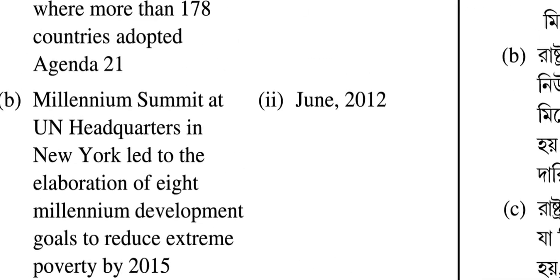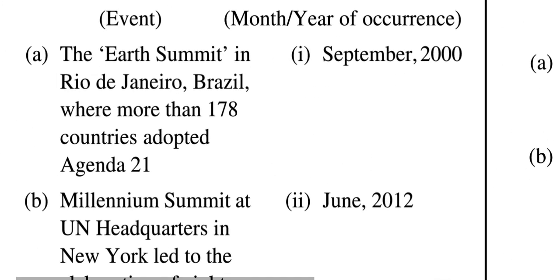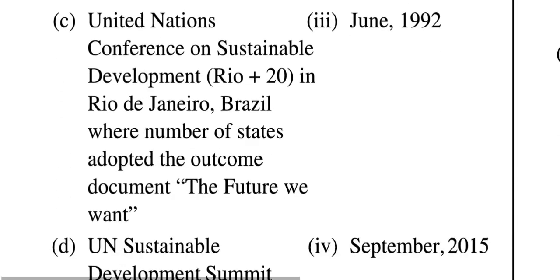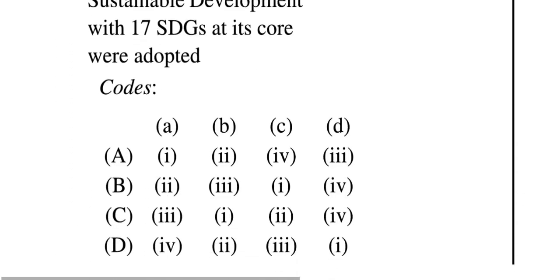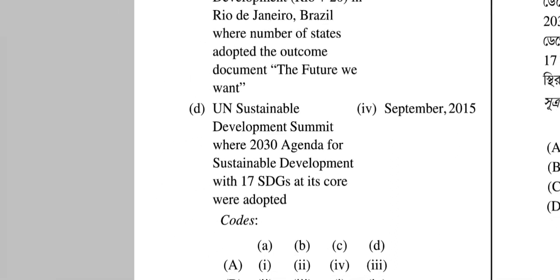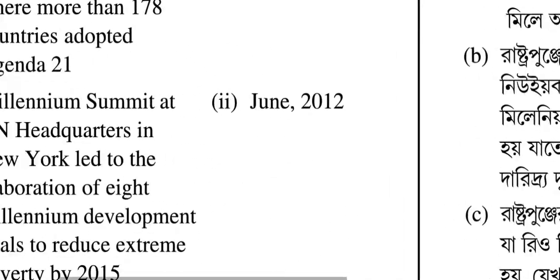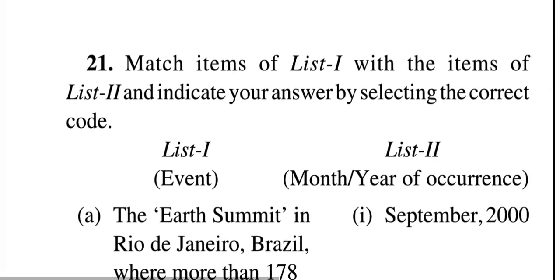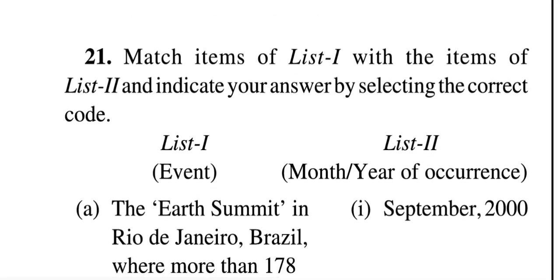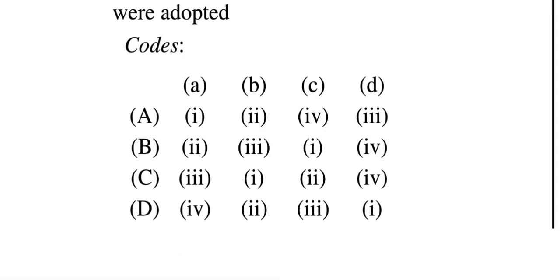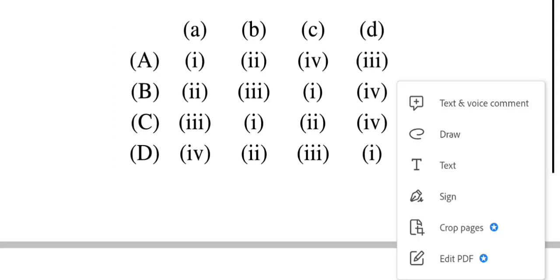So these are the year and month: September 2000, June 2012, June 1992, September 2015. Now let's try to find out the correct answer of this question. Number 21, correct answer will be C. That means C is the correct answer.